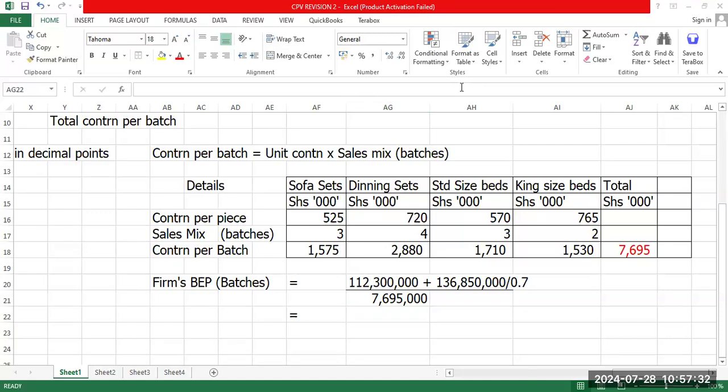Someone is saying I have 40. What about others? 40. Okay, so we put here 40. These are batches.